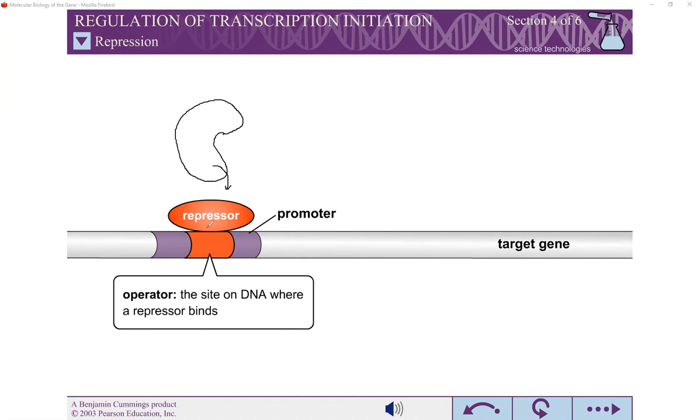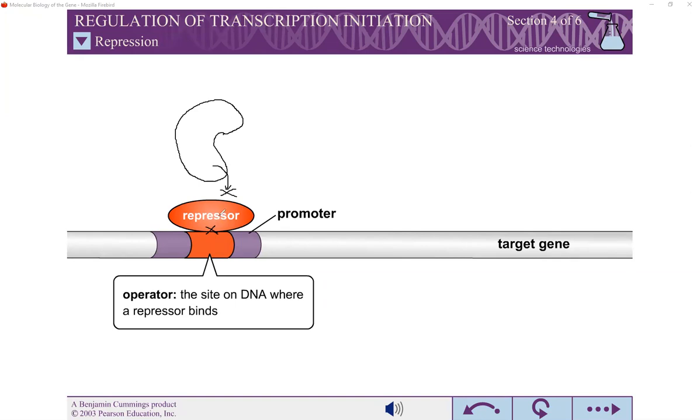The repressor is already bound. What will the RNA polymerase do when the repressor is bound to the promoter region? The RNA polymerase has no chance of binding. It asks, can I bind to the promoter region? The repressor says that the promoter is only mine. You cannot bind it.